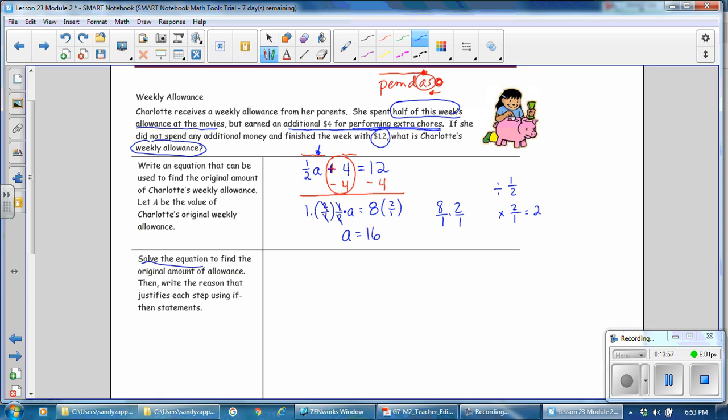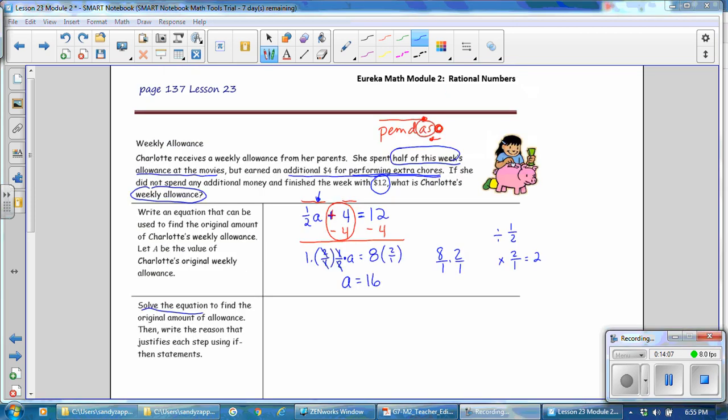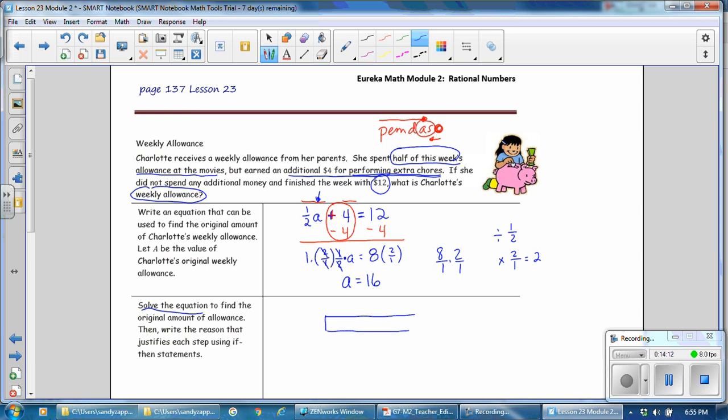So now let's check and see if that makes sense with a tape diagram. We have half of A, so let's draw a bar down here, and if this represents A, then we know that half of A plus 4 more equals 12. So this part makes the $12.